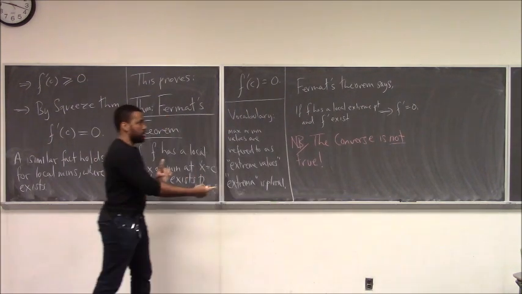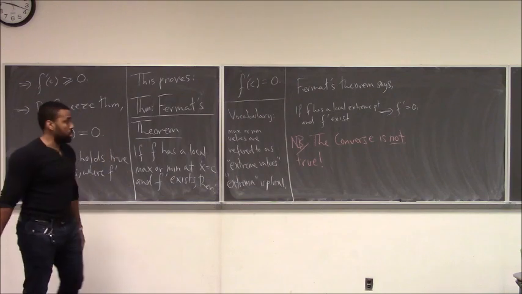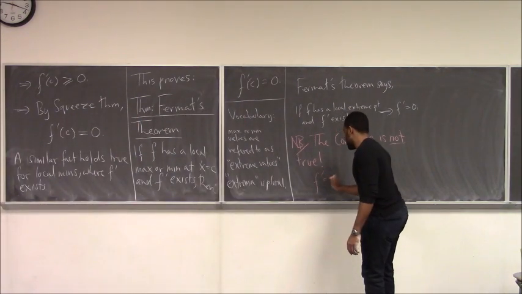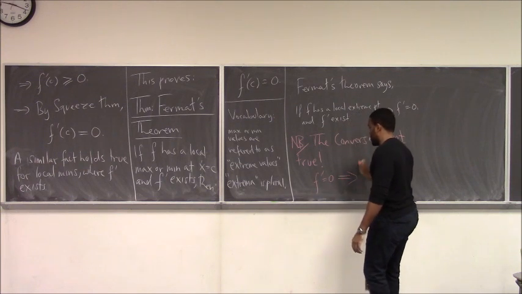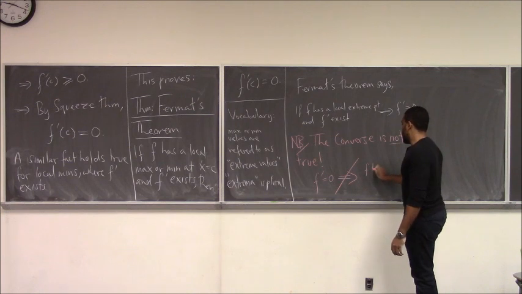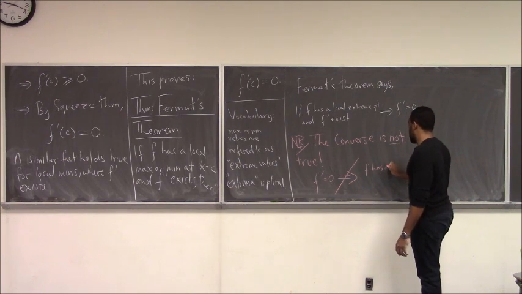The converse of a mathematical statement is simply the reverse statement. Knowing that the derivative is 0 does not tell you that f has a local max or min there.